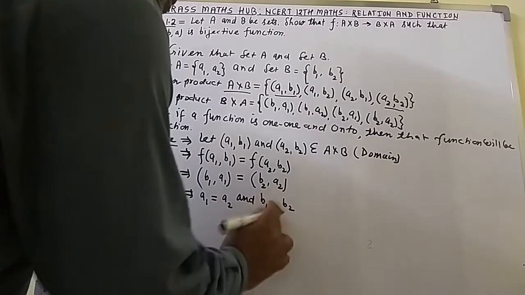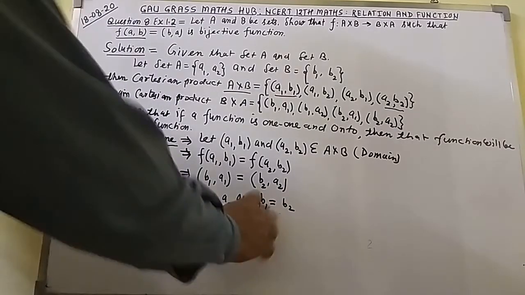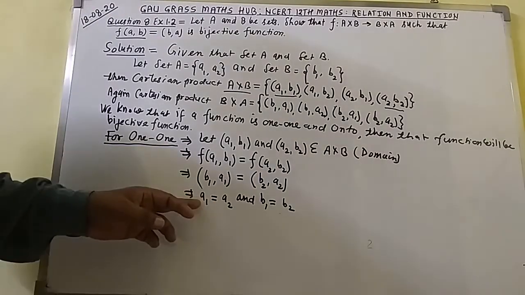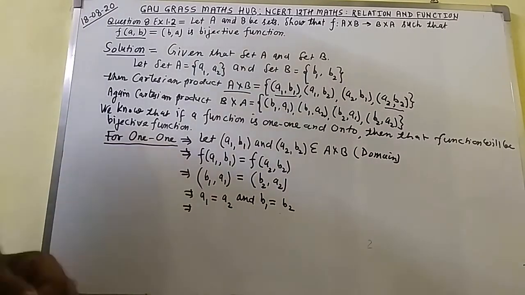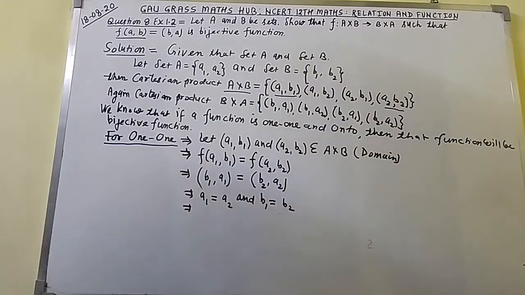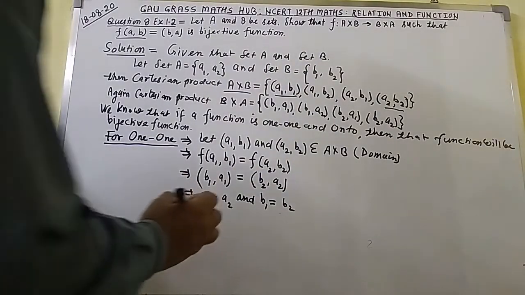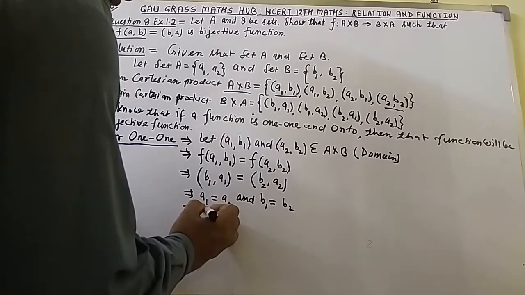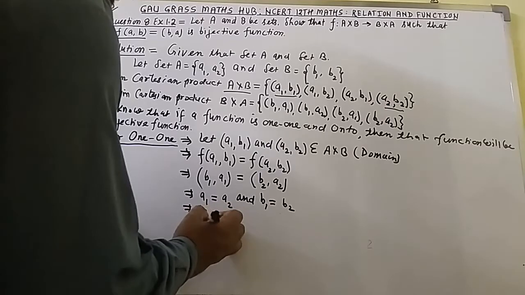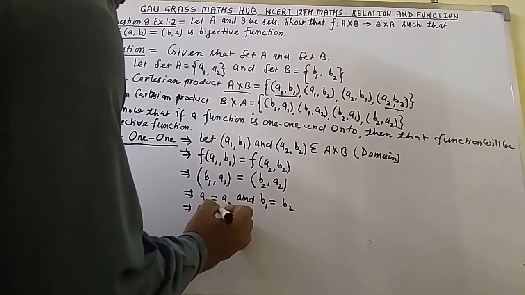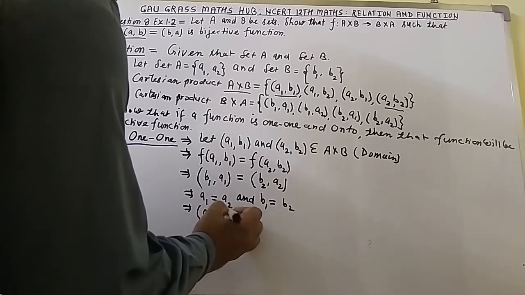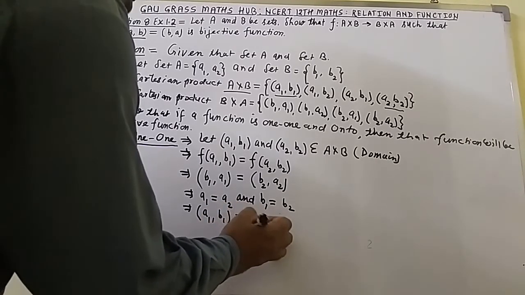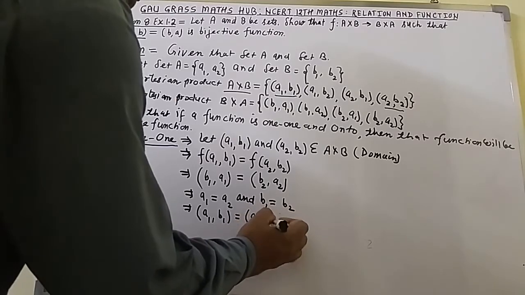So I have got A1 equal to A2 and B1 equal to B2. If I write this in the form of an ordered pair, I can very well write (A1, B1) equal to (A2, B2).